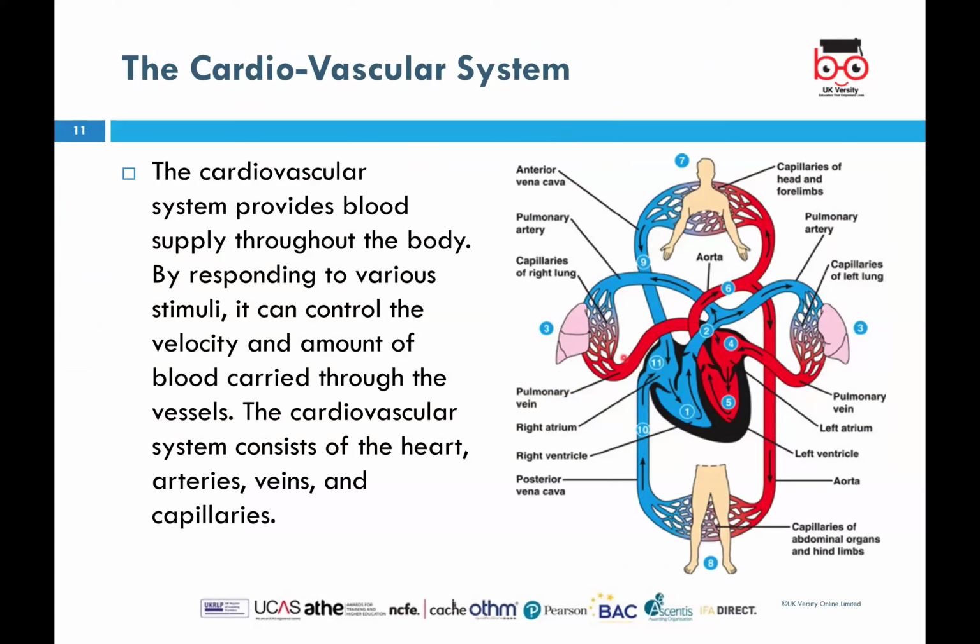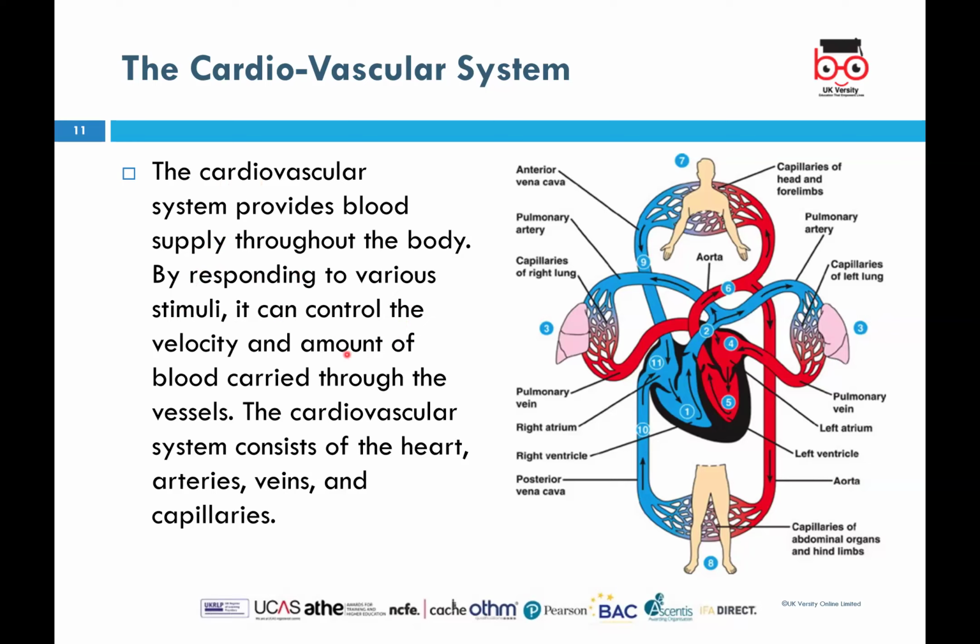The largest blood vessel is known as the vein or the artery, and then they break down into arterioles, or venules for veins. And further down, they have capillaries, which are the tiniest blood vessels. So the cardiovascular system is there to provide blood supply throughout the body, and it responds to various stimuli outside and inside the body.